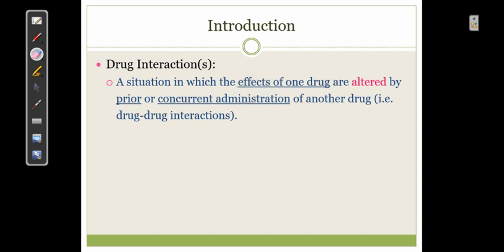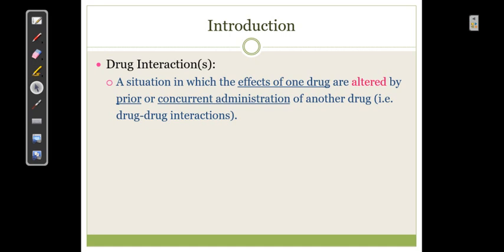There is a precipitant drug and an object drug, and the effect of one of them is altered. Normally this is because of concurrent administration, which is what we normally think of, but it could be a prior administration of some drug also.